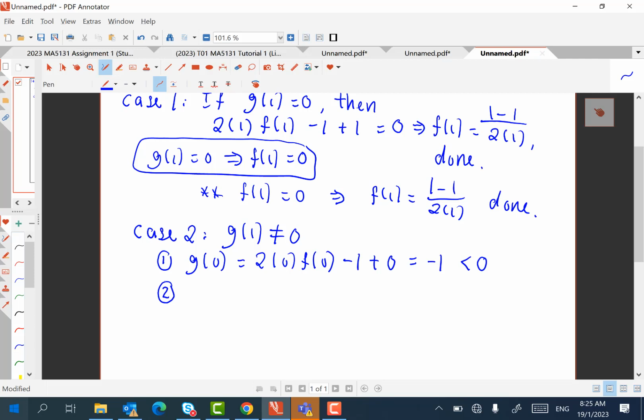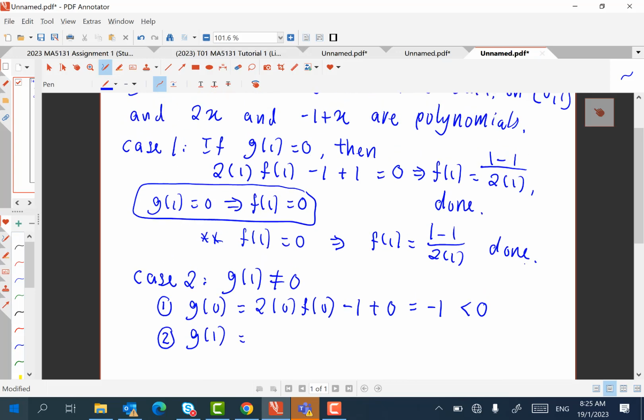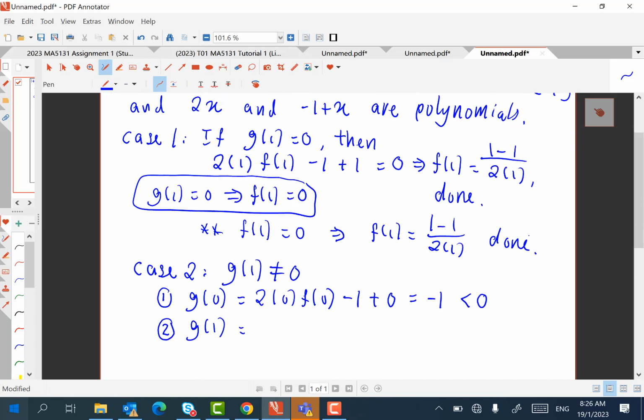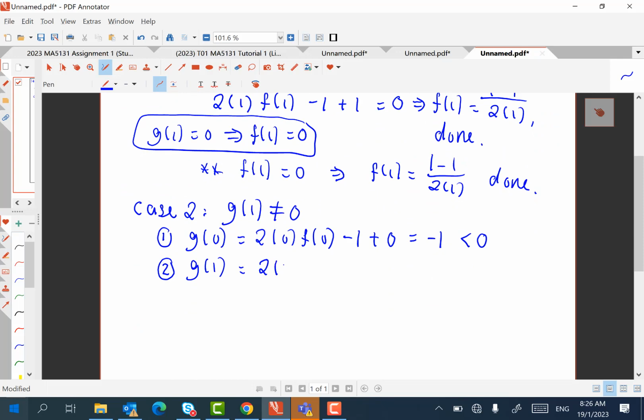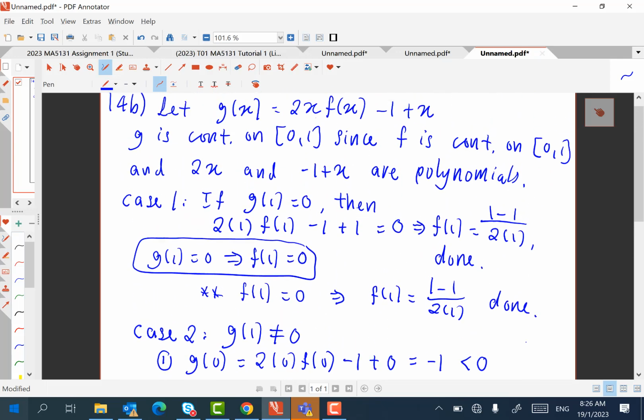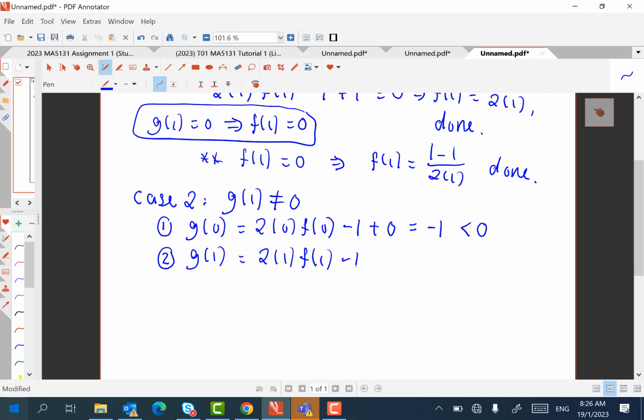Okay, then calculate g1. g1 will be 2 times 1 times f of 1 minus 1 plus 1. This gives me 2 of f1. Now in this case, this is not 0, no?